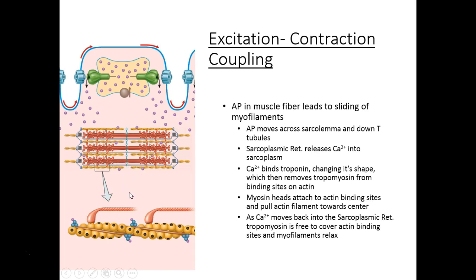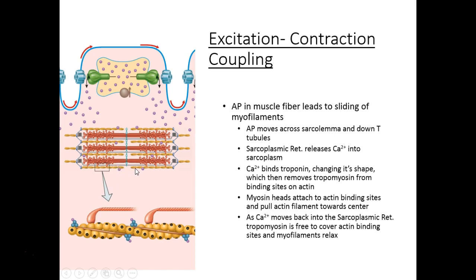So let's look down here at what's going on. Here we've got our myosin heads, we've got the actin, the three little blue balls are the troponin, and the little string-looking structure is your tropomyosin. Under normal conditions, when this muscle cell is relaxed, the troponin holds the tropomyosin over those binding sites on actin so that the myosin heads can't attach.